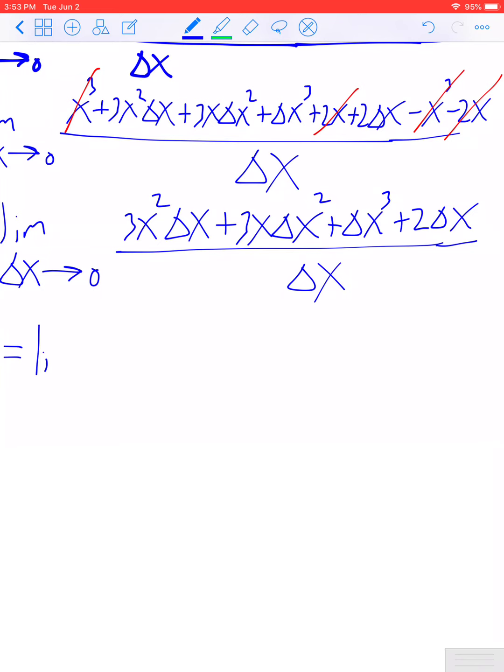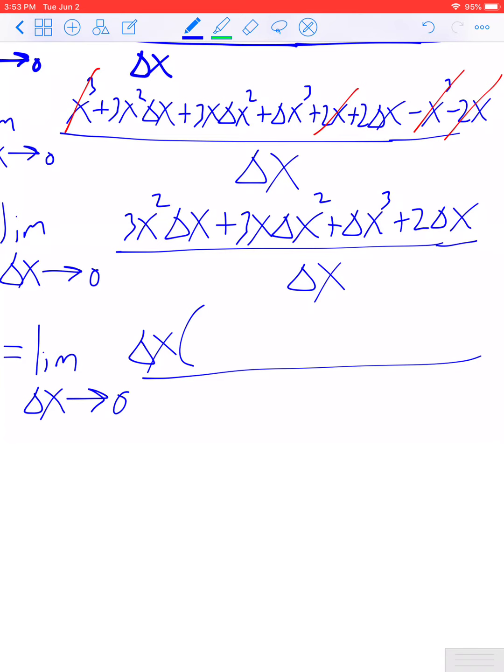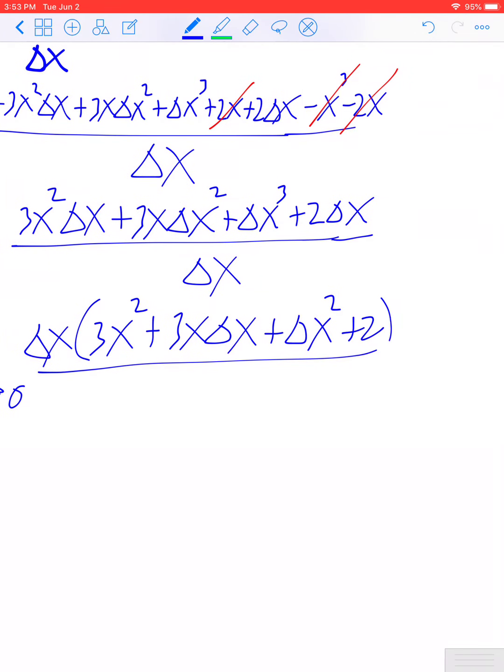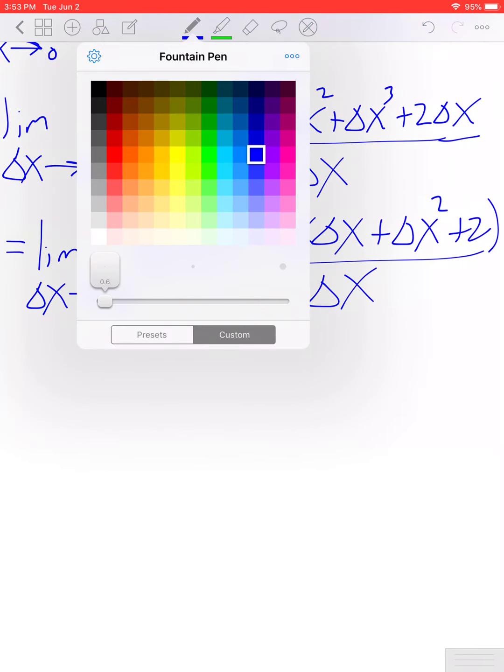In the numerator, every single term has a common factor of delta x, so we can factor that out. If we factor it out of the numerator, we're left with 3x squared plus 3x delta x plus delta x squared plus 2, all divided by delta x.